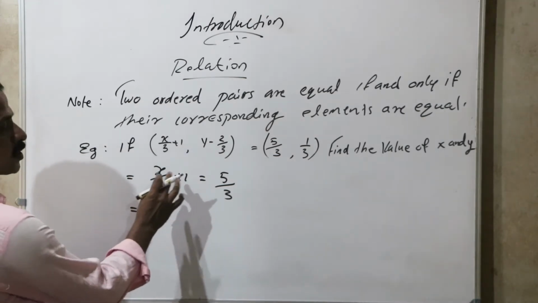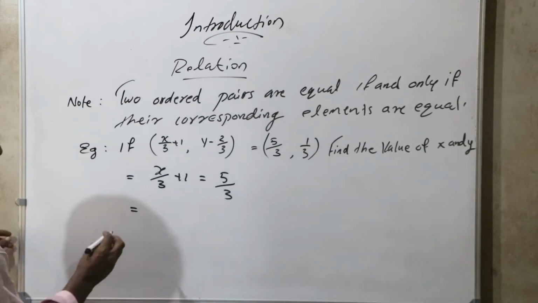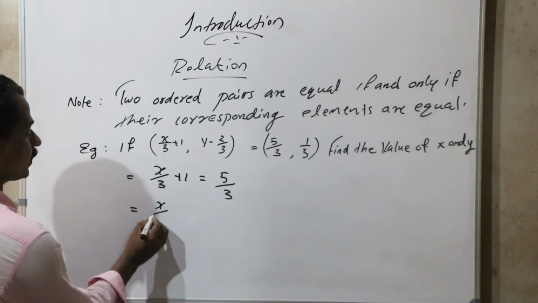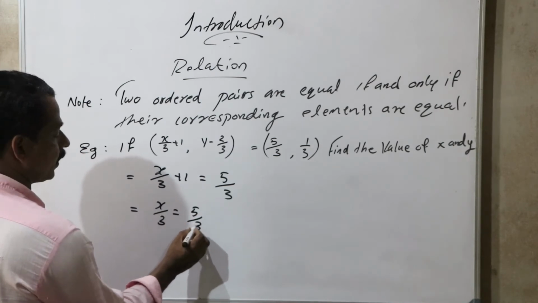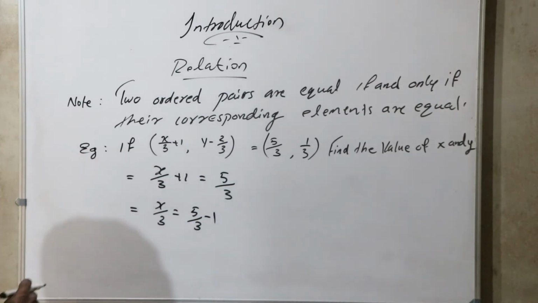x/3 + 1. We can write x/3 is equal to 5/3 minus 1.